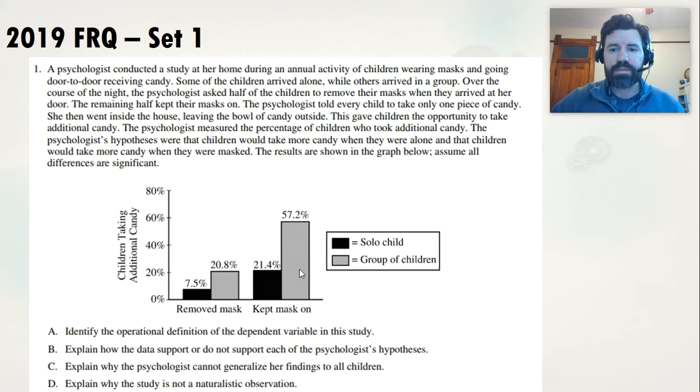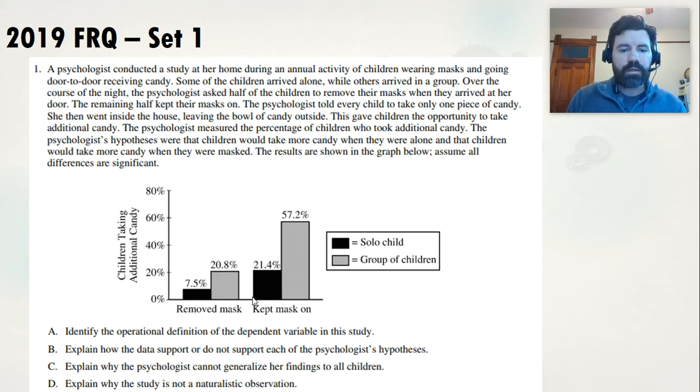Her second hypothesis is that children would take more candy when they were masked. And you can see that when we keep the mask on, for both solo children and groups of children, they did in fact take more candy. So her first hypothesis is wrong. Her second hypothesis is correct. And so if you were answering this FRQ, you would write that out and explain why the first one was wrong, why the second one was correct.